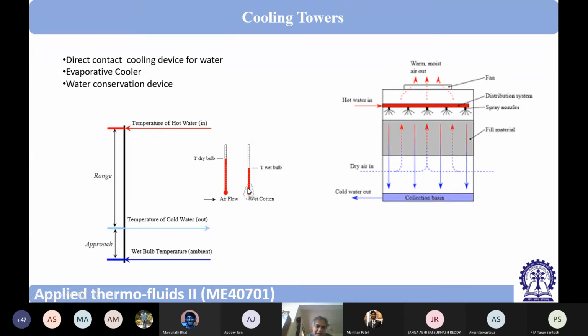Then you get a temperature which will be lower than the dry bulb temperature. So that's why it is advantageous to have a cooling tower, because we can cool the water, may not be up to the wet bulb temperature, but maybe below the dry bulb temperature.